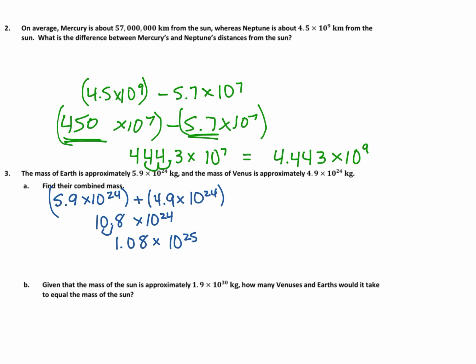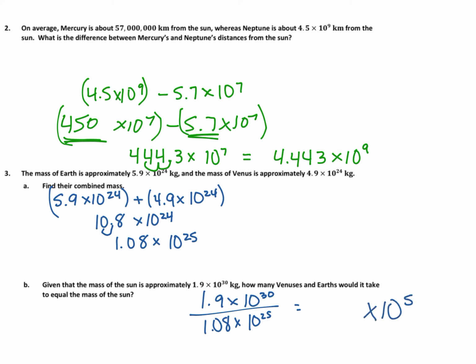B, given the mass of the sun, how many Venuses and Earths would it take to equal the mass of the sun? So here's where we're going to divide 1.9 times 10 to the 30th by the Venuses and Earths. Remember, these pieces get divided, and with these ones, when we divide like bases, the exponents get subtracted.